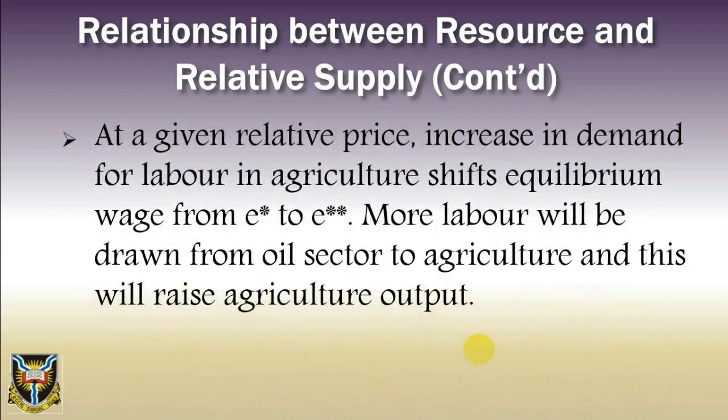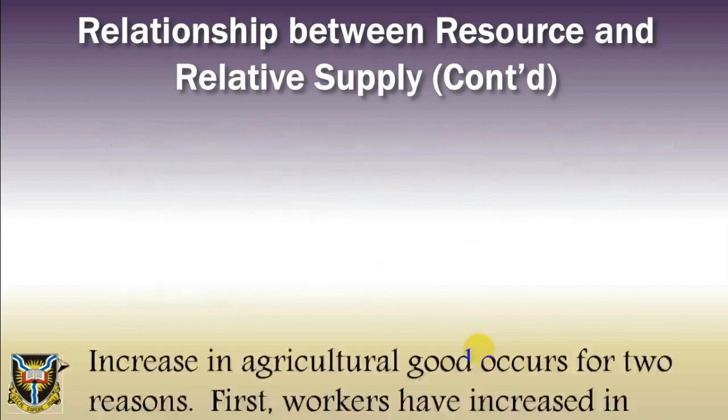Increase in demand for labor in agriculture shifts equilibrium wage from E asterisk to E asterisk 2. More labor will be drawn from oil sector to agriculture, and this will raise agriculture output.